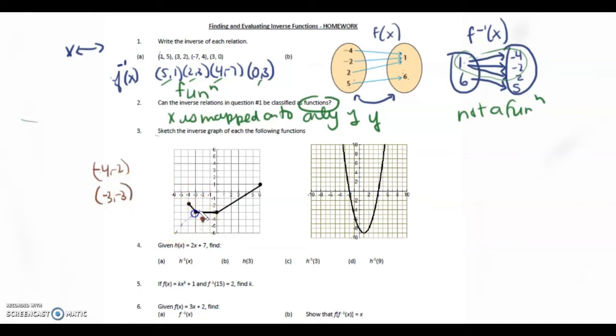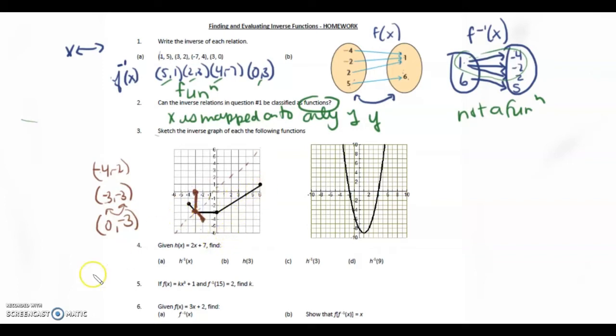Okay, and then negative 3, negative 3. Because this point lies on the line x equals y, we can see x clearly equals y, that point's actually not going to switch because it lies on that line. So it's going to have the same two numbers. Okay, so I left off here. 0, negative 3 is going to map onto negative 3, 0.